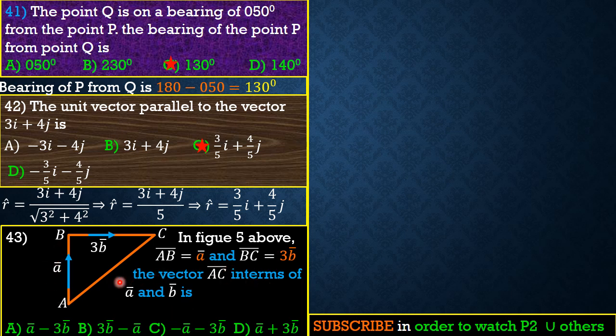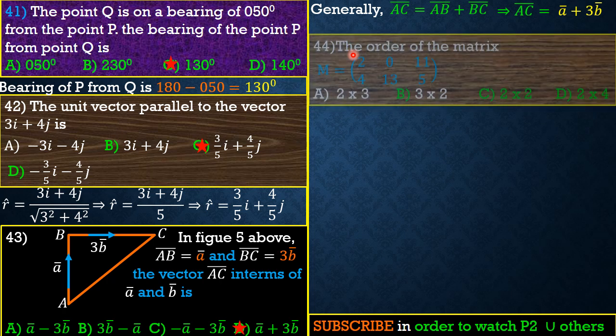To move from A to C, since the path from A to C is not directly defined, we need to move from A to B, then from B to C. So guys, it means that our AC has to be equal to AB plus BC. If we do that, we are going to have a plus 3b, since AB is a and our BC is 3b. So option D, guys, is the best option.